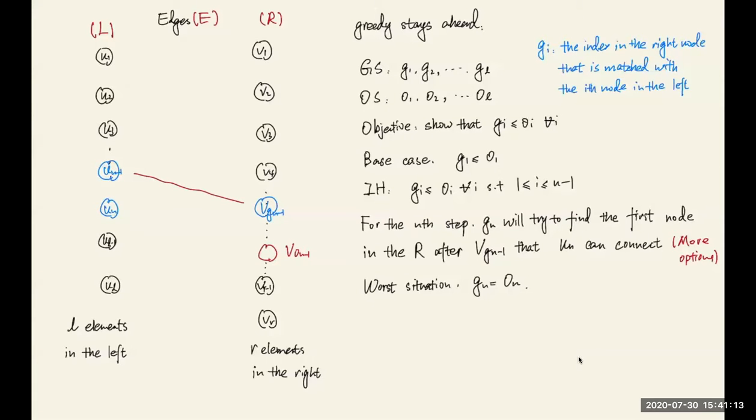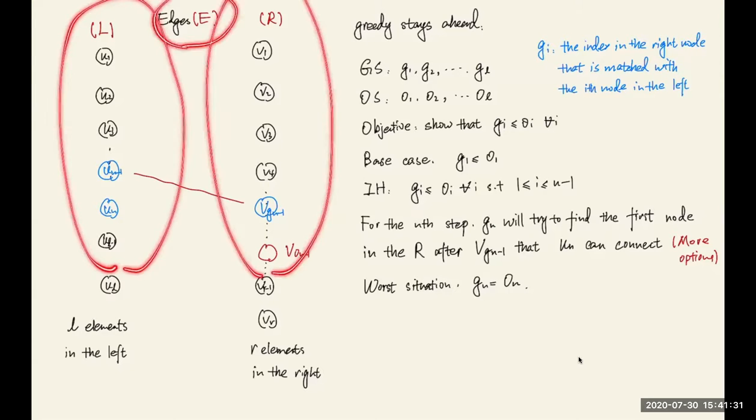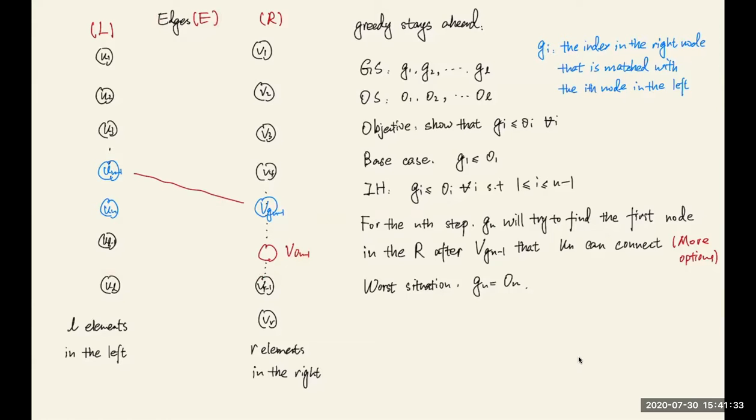So here is the question that you have for the practice final. Let me explain what a matching is and what a monotone matching is. For this question, we have some nodes on the left, some nodes on the right, and some edges that connect the left nodes to the right nodes. This is the graph we have.